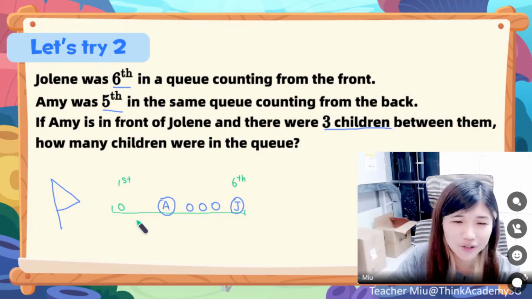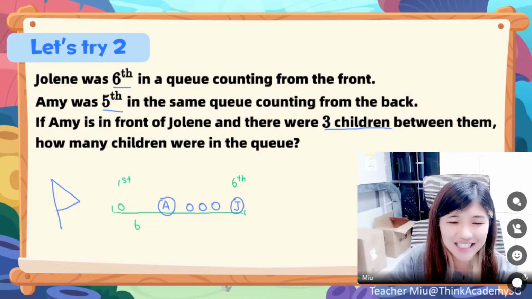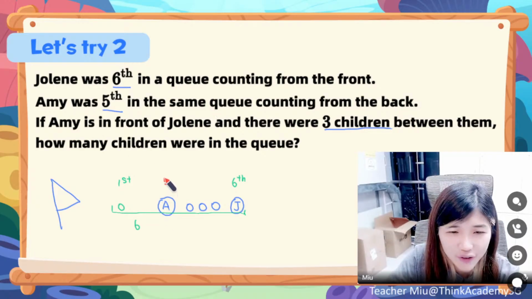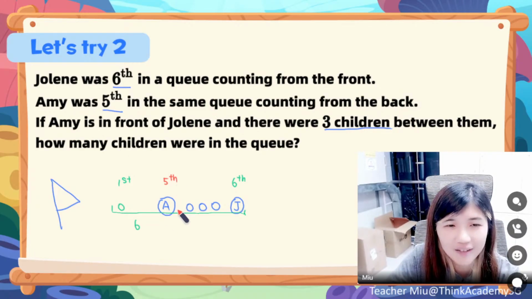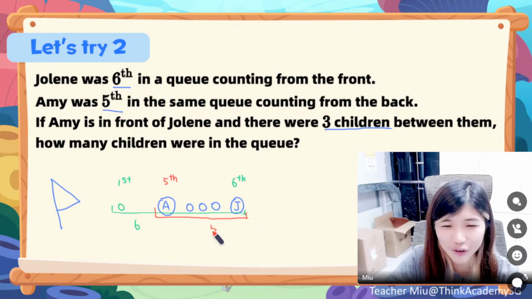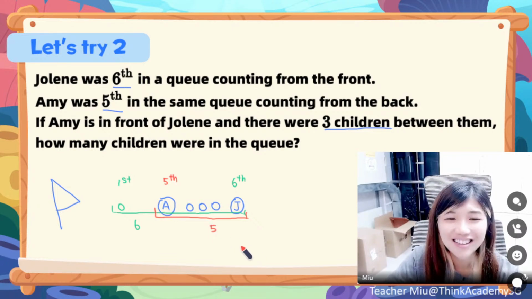I will just move it here, six. Continue. What about Amy? Amy was the fifth counting from the back. Then you will see fifth, fourth, third, second, first. So that means this part is five people.